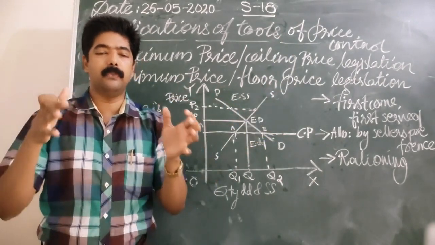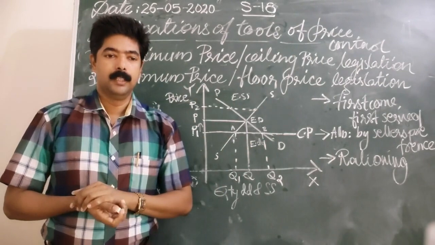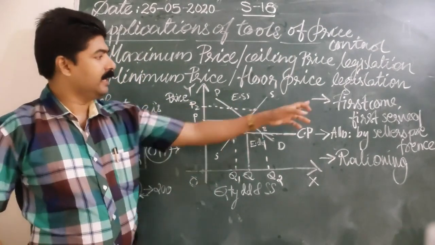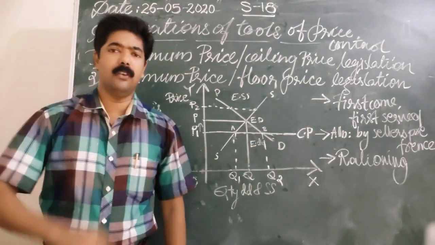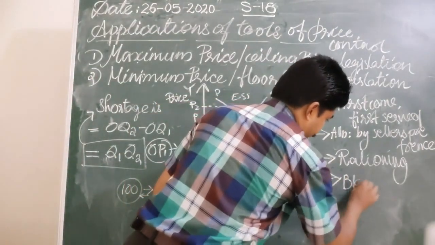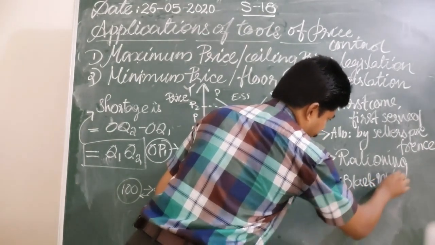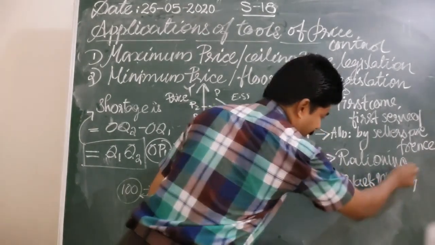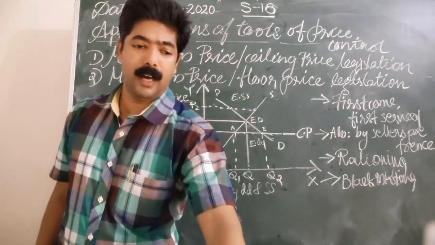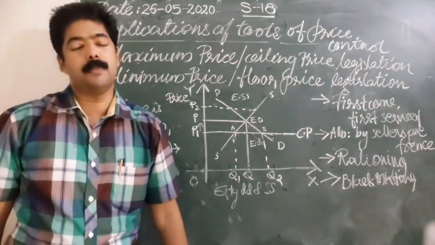So in India we follow this type. Another thing is the emergence of black marketing. What is black market? There are many chances for such markets to emerge. What is a black market?